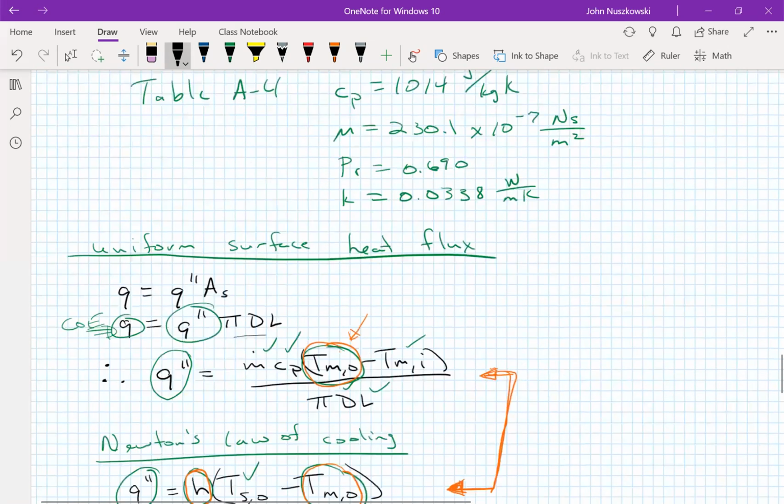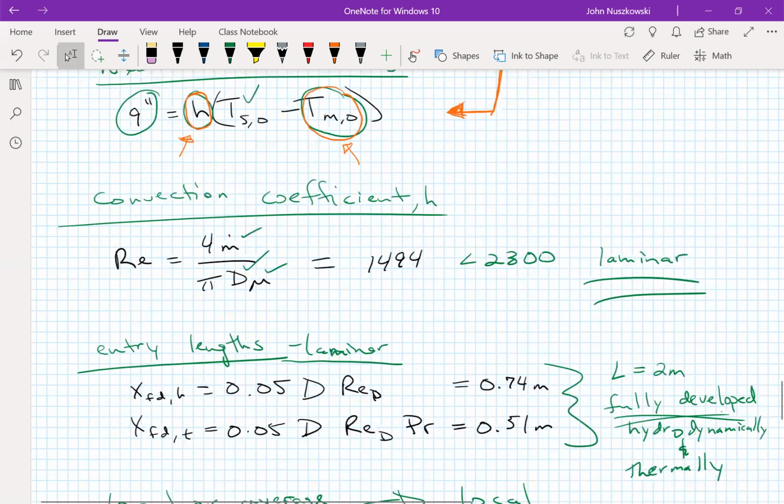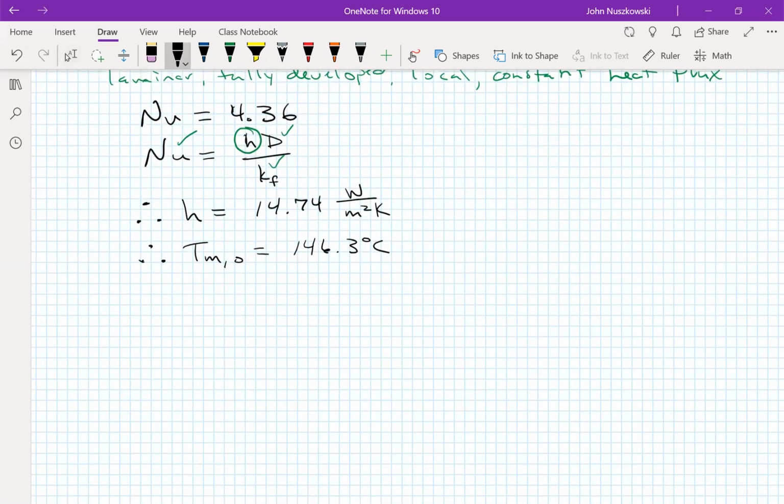And then we can go way back up to the top and use our conservation of energy, and we get a heat of 12.7 watts.